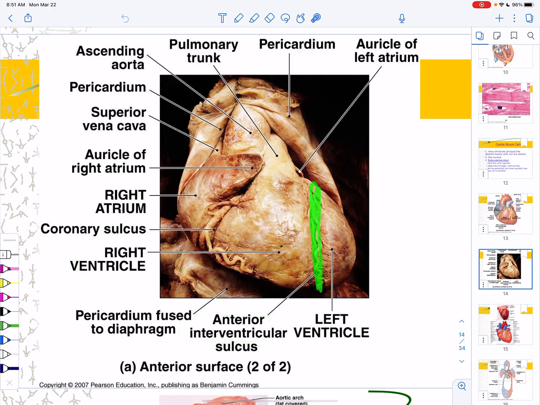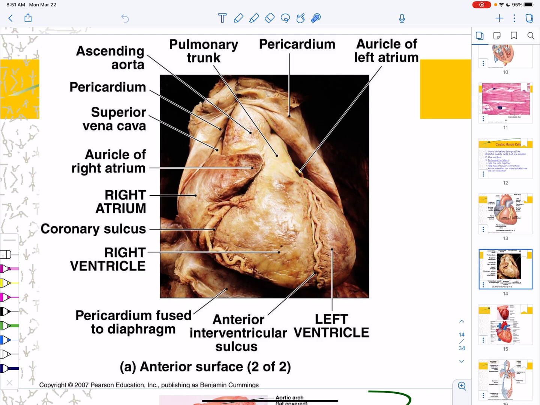And we're going to talk about those in a separate lecture, but those would be the blood vessels that run on the surface of the heart. Okay, so this coronary artery is going to run right down in between the left ventricle and the right ventricle, and it is going to separate the heart into the left and the right.